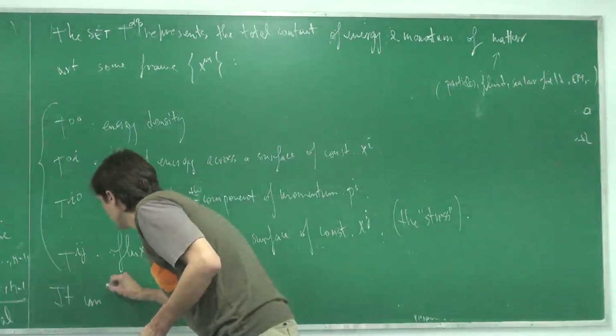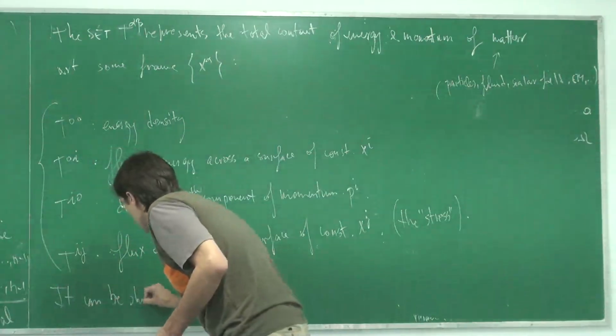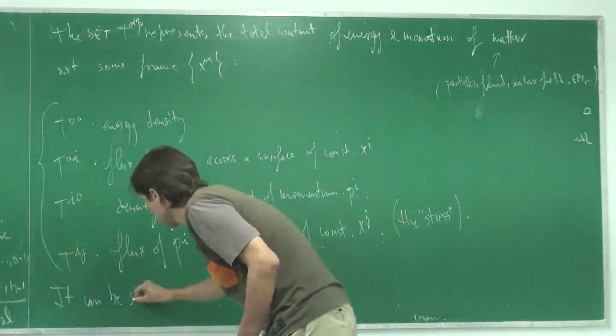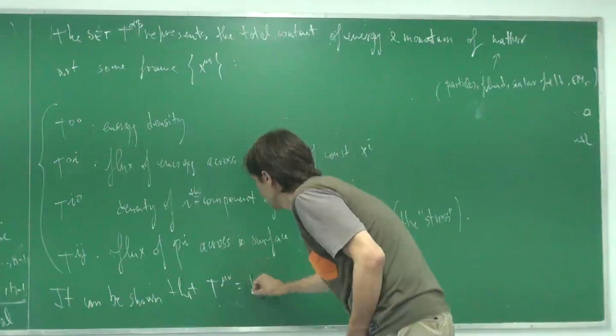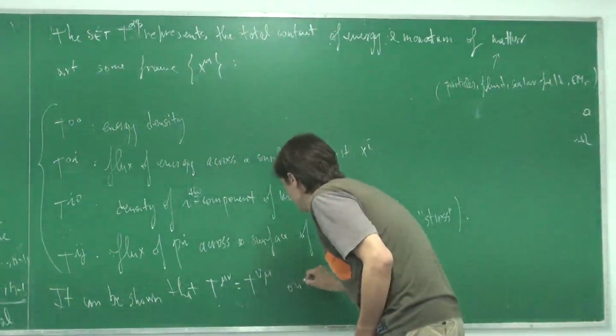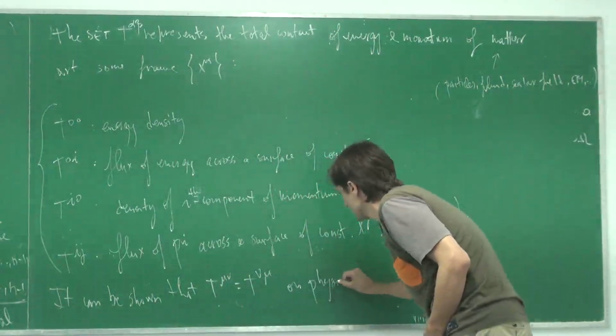So it can be shown that T mu nu is symmetric, equal to T nu mu, and this is purely on physical grounds.